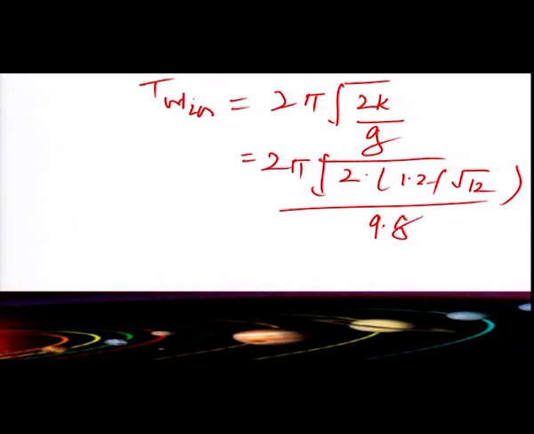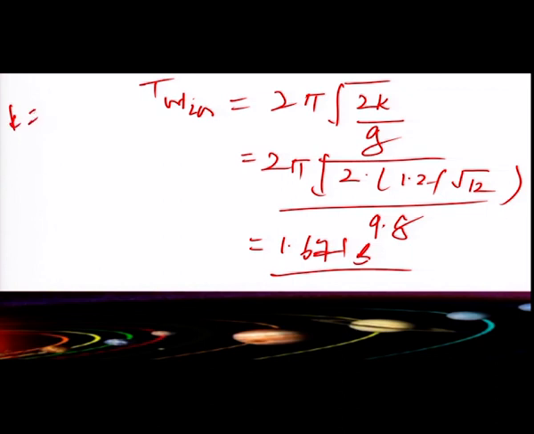You substitute, and when you substitute, the value is 1.671 seconds. Therefore, the position of the axis of rotation for obtaining the minimum period is k.